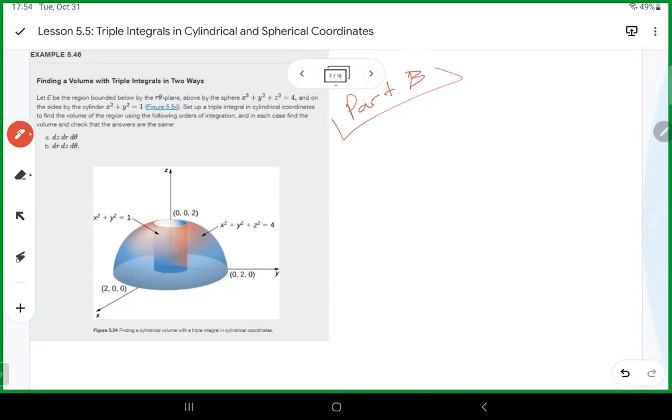So since the sphere was r squared plus z squared equals 4 and the cylinder was r squared equals 1, then we would have 1 plus z squared equals 4, then z squared equals 3.